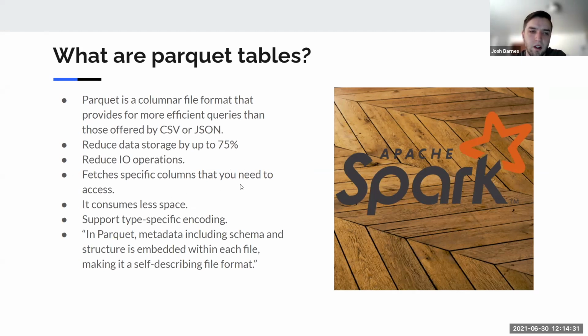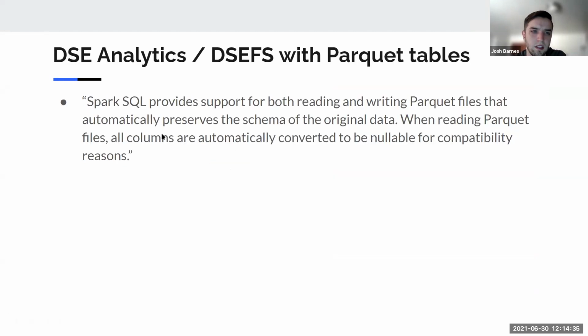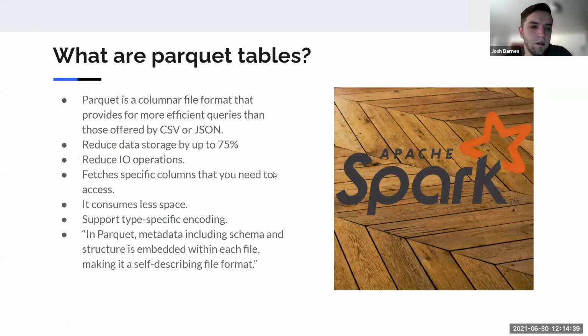It fetches specific columns that you need to access. It consumes less space, supports type-specific encoding, and in Parquet, metadata, including schema structure, is embedded within each file, making it a self-describing file format.